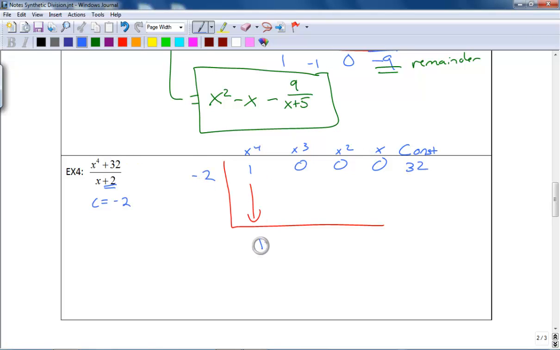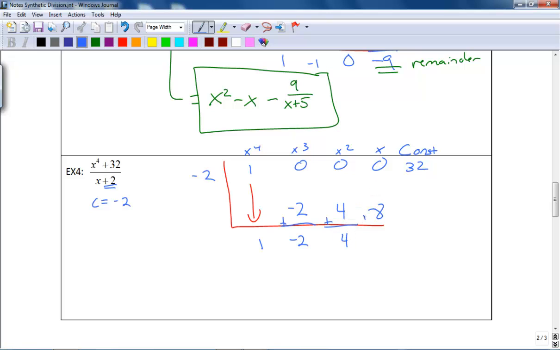-2 times 1 is -2. Write the product next column over. Add down. 0 plus a -2 is a -2. Multiply -2 with the number you just brought down of -2, +4. Next column over. Add down. 0 plus 4 is 4. Again, -2 with the number you just brought down is -8.